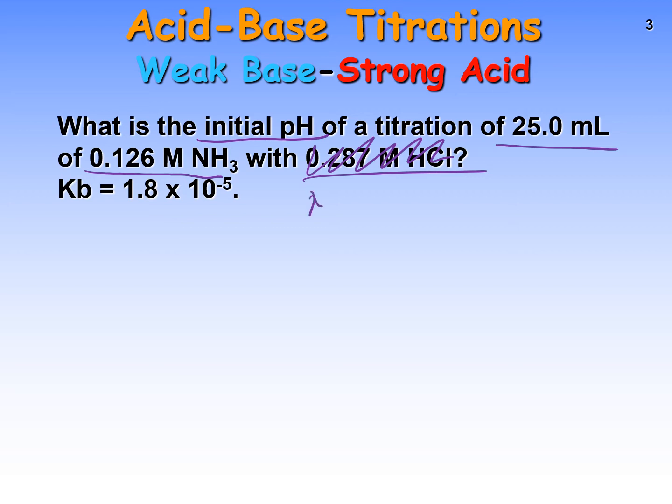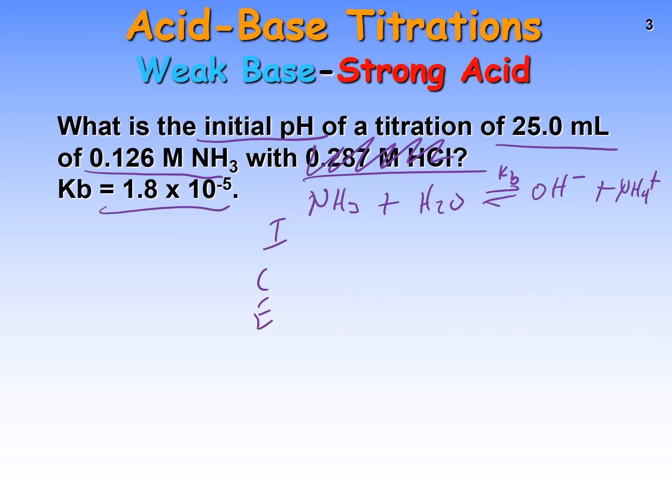So effectively, all I have is NH3 in water, and I know that that's a weak base, so it breaks up like this. And this is my equilibrium. I have to write out my ice table with a Kb, and we're given the Kb of NH3.